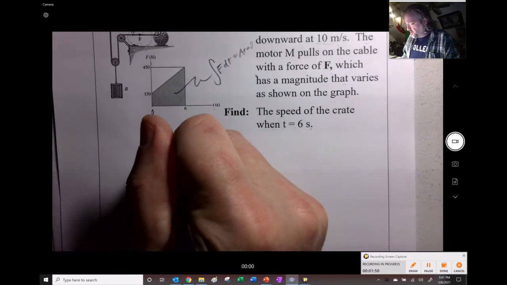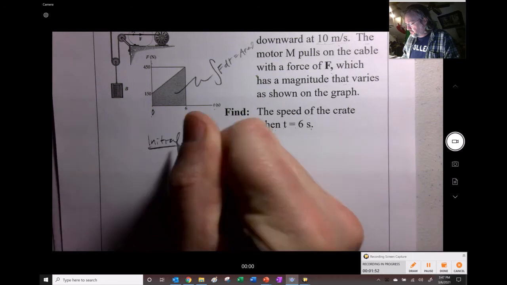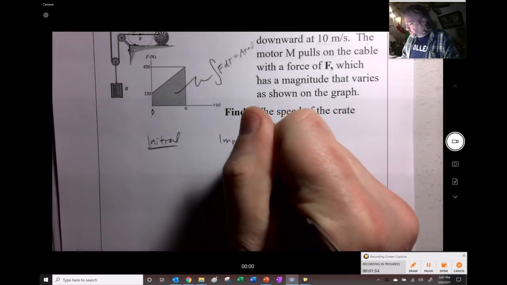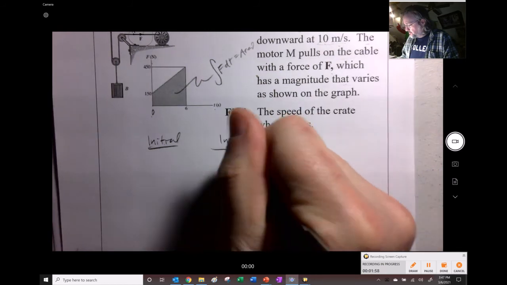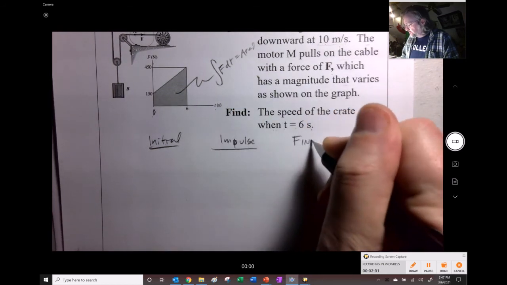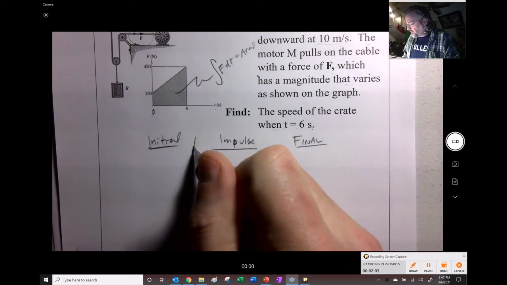So we have initial, we have impulse, and then we have final. I don't know why I always put final in caps.